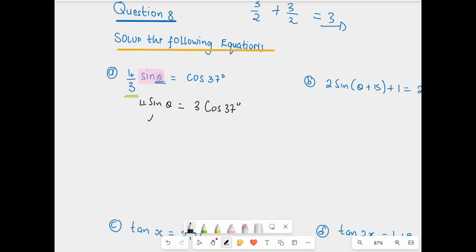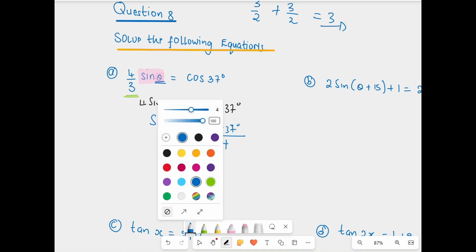If I divide by 4 on both sides, I will have sine of an angle is equal to 3 multiplied by cos 37 degrees, all divided by 4. I have divided everything by 4. Now, I want to solve for this angle.